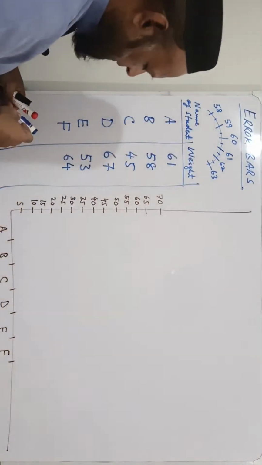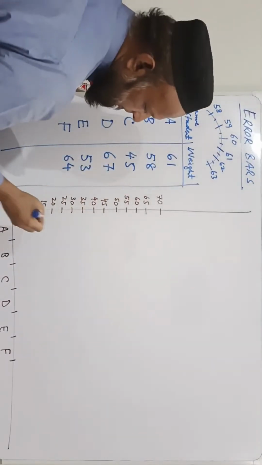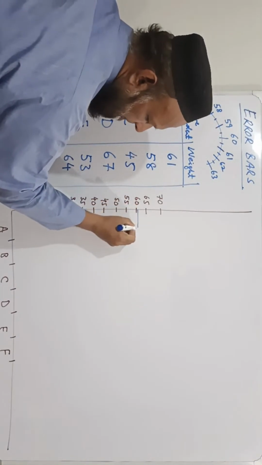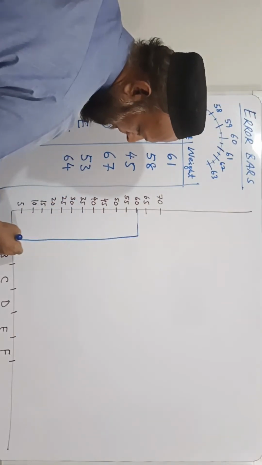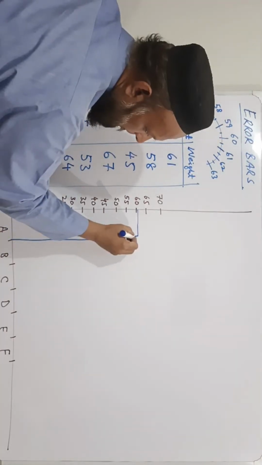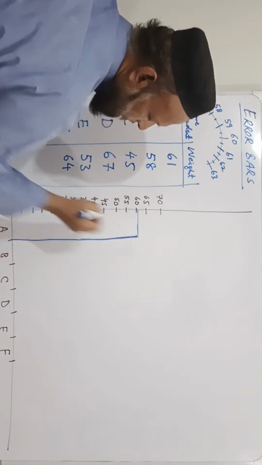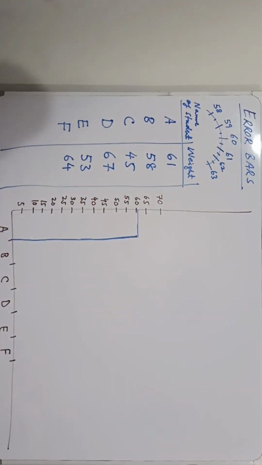So first of all, we have to mark for A, and this is 61. So this is 60, this is 61. Fine. This is first bar. What we are trying to find out? We are trying to find out the error bars.